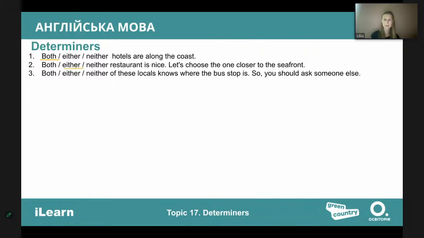Either or can be neither. By the way, pay attention. You can pronounce them either, neither, or you may say neither, and that is also right. So, either restaurant is nice. What's the difference? Both hotels, but either restaurant. Did you notice the rule? And number 3, neither of these locals know where the bus stop is.